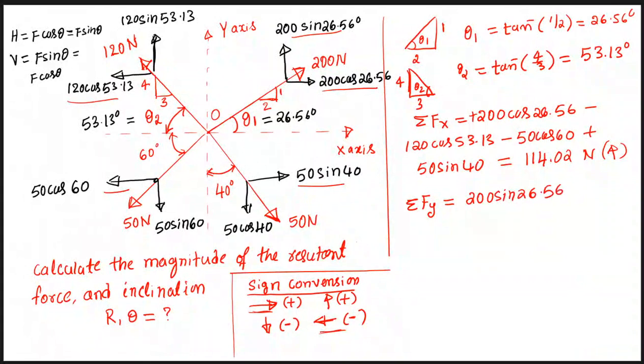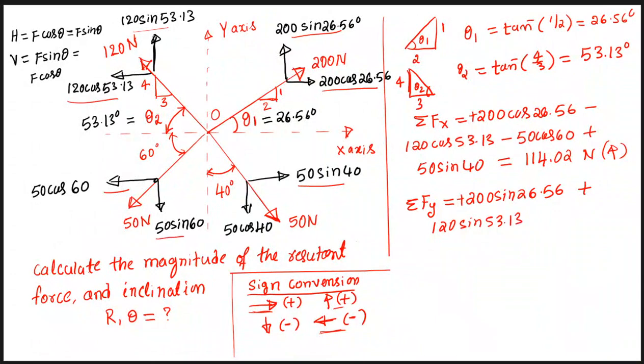According to my sign, it is plus 200 sin 26.56. Next, the second force is 120 sin 53.13, which is also acting upward, hence it is positive. So plus 120 sin 53.13.